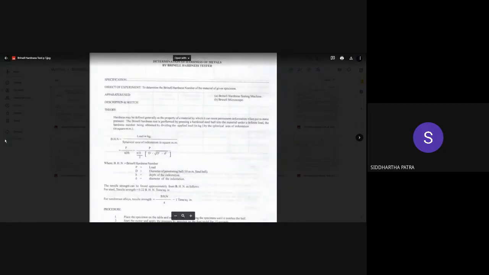But 1 ton to kg can be a region of confusion. For example, if you take a British unit, that is slightly more than 1000 kg force. It is around 1016 kg force for the imperial ton, as I can see from the internet. So I would suggest you go with this value, 1016 kg force, for 1 ton.